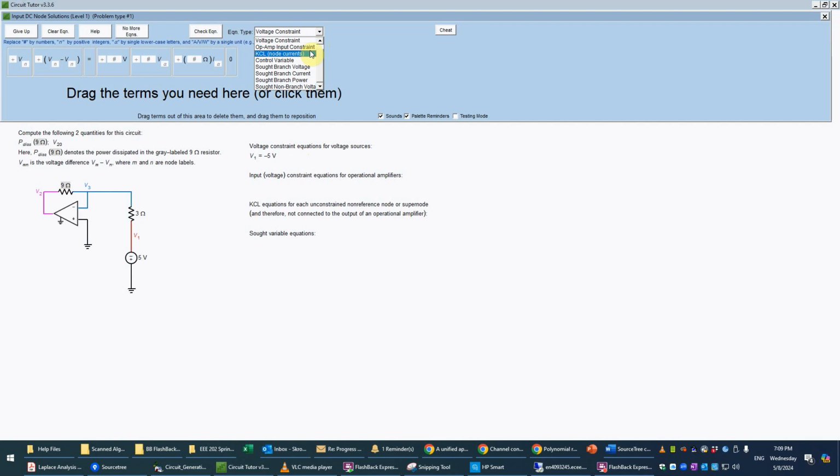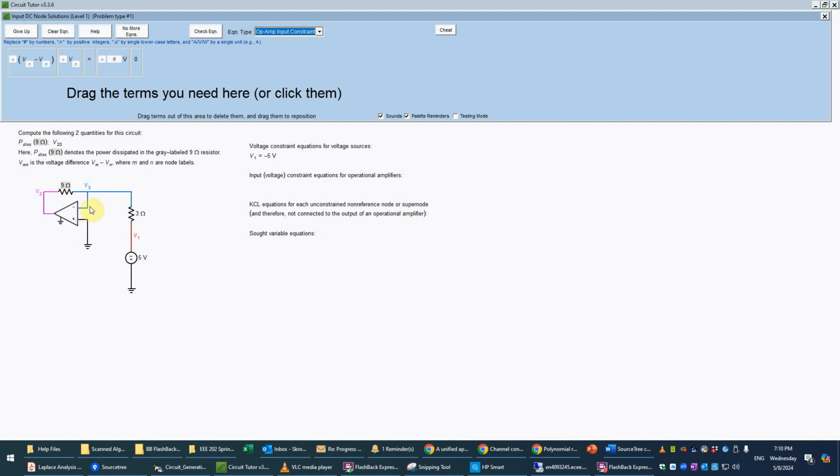Then we have to do an input constraint equation. This is a new type of equation that we didn't do for other circuits because we didn't have op-amps. So this is always a pretty simple equation. It just says that the difference of V plus minus V minus is 0. Because, again, the negative feedback, which, notice, here there is negative feedback from the output to the negative input, ensures that the voltage difference here is 0, or you can think of it as a virtual short.